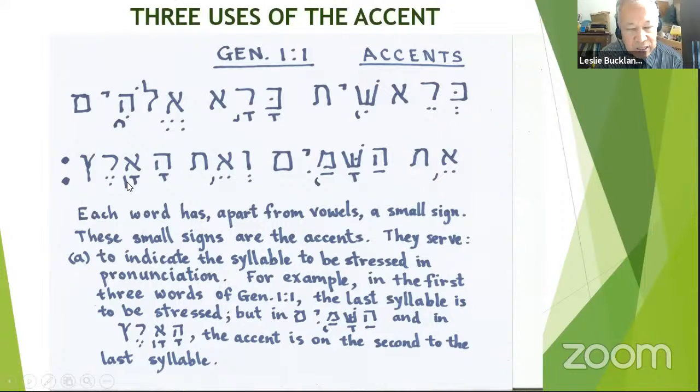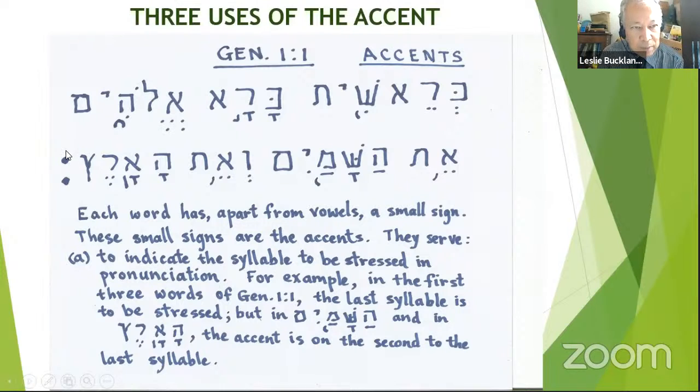It is a pause in the pronunciation of the word, and it always comes at the end of a verse, in the last word of the verse in the Bible, in the Hebrew, indicating that you pause before you pronounce the last syllable. Haaretz. Okay, so this is an accent mark.